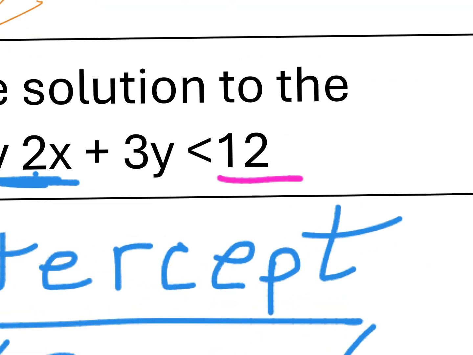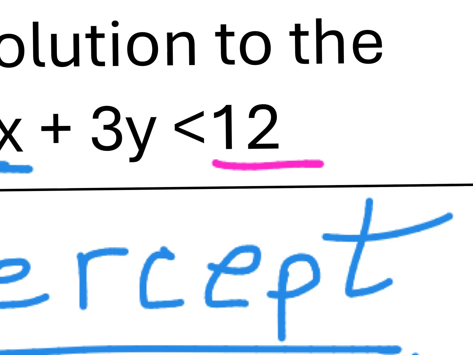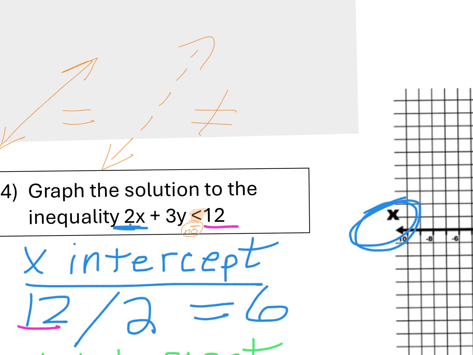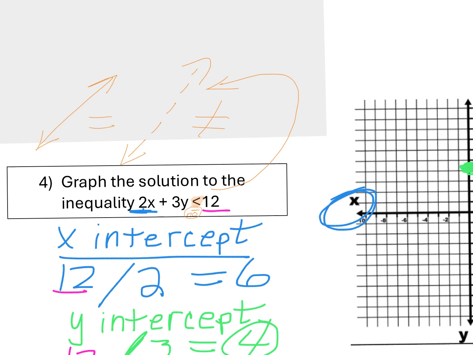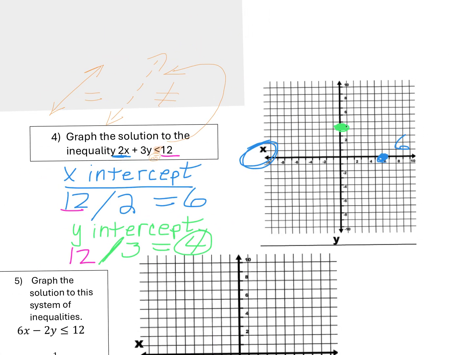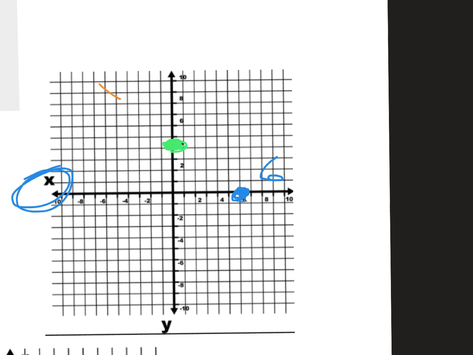So if we look at our inequality symbol here, we see that there is no equal to symbol underneath it. So since there is no equal to symbol, we are going to use a dashed line to connect them. So I'll make a dashed line all the way across the graph to connect them.